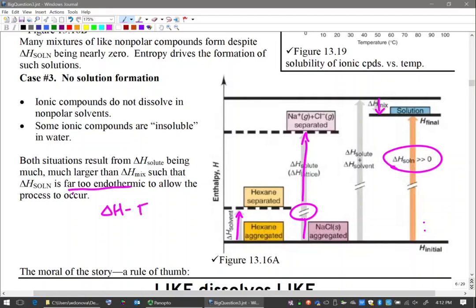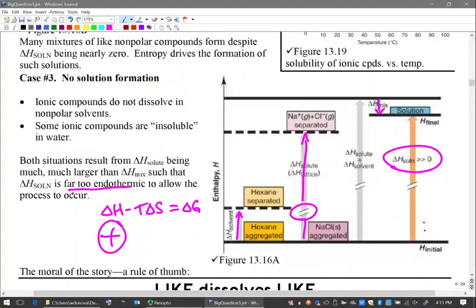If we consider delta H minus T delta S, delta H is going to be hundreds and hundreds of kilojoules. Yes, delta S is positive in the theoretical mixture, when you dissolve the ions into the hexane. But it's not positive enough when you multiply by T and change the sign to make the total negative for a spontaneous process. That delta H is just too huge. And so the solution doesn't form.